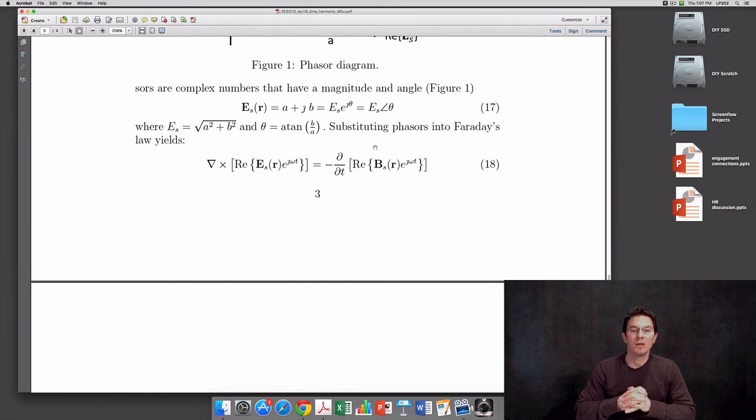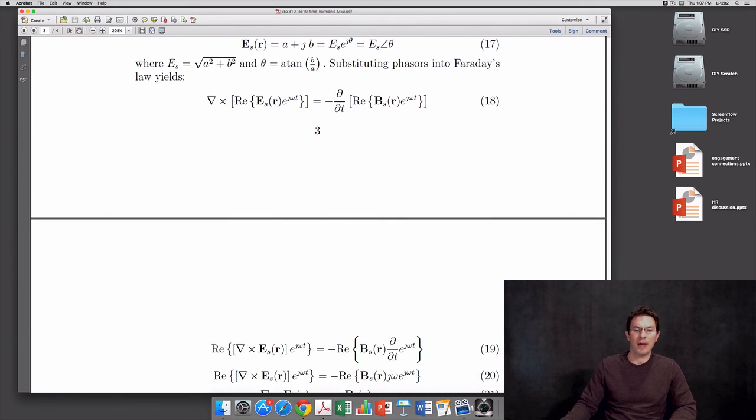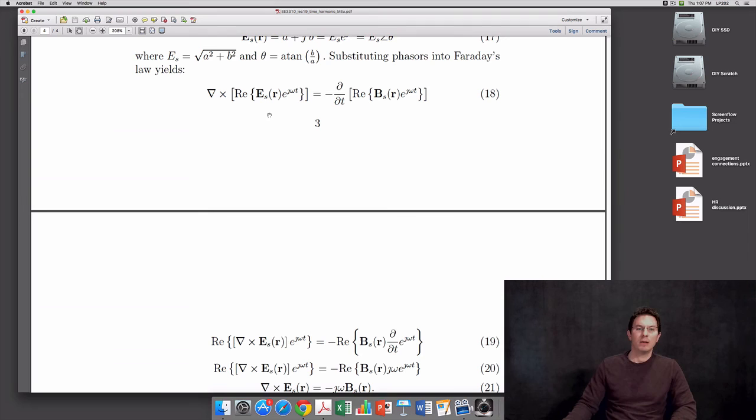Well, what else can we do with that expression? The phasor term, E sub s of R, is the only term that is a function of space. So the curl can be brought inside the curly brackets for the real part, because it only acts on the phasor.